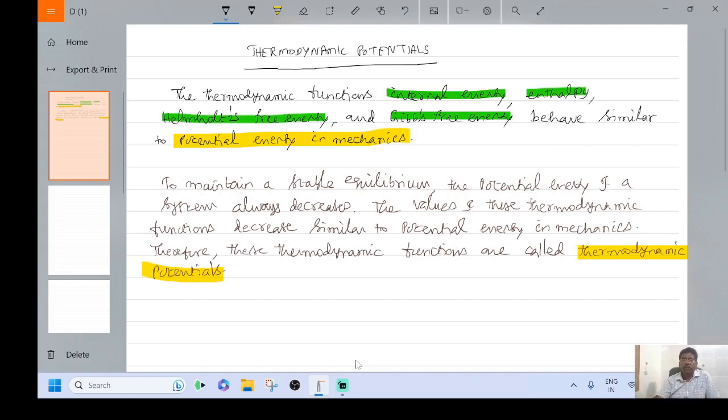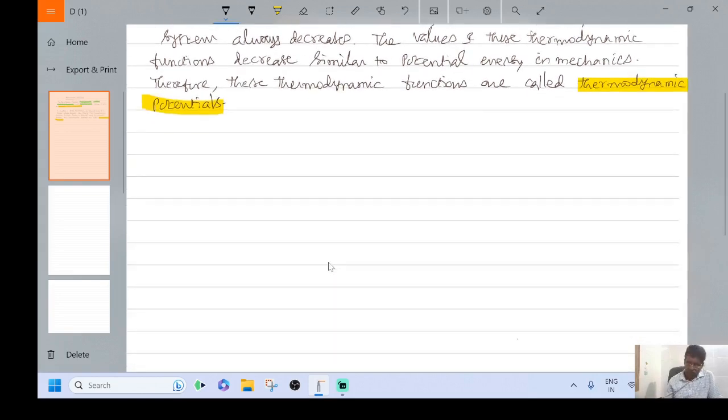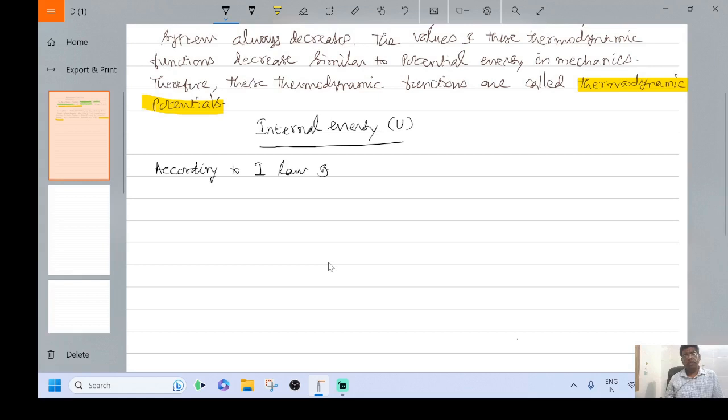The first function is internal energy. Internal energy is represented by the letter U. According to the first law of thermodynamics, the quantity of heat energy given to the system is equal to the change in internal energy plus the amount of work done.